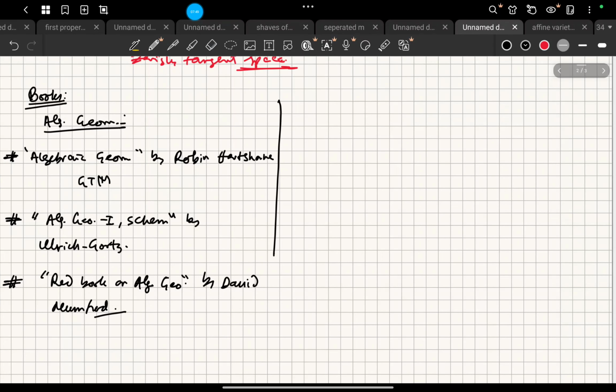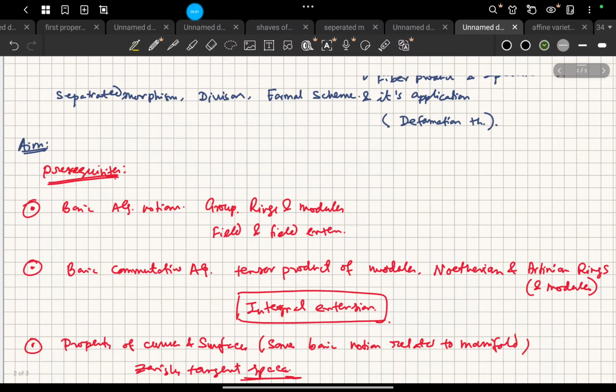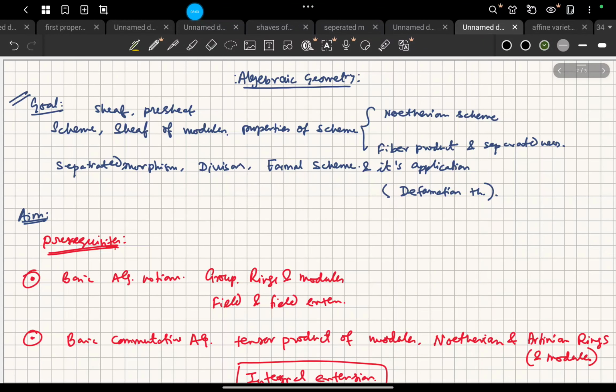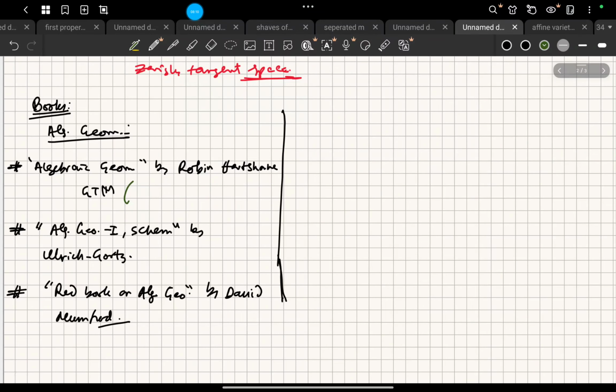So these are for studying algebraic geometry, but of course we'll cover the second chapter. If you see this book, whatever we have enlisted our goal of this lecture series, we'll mostly cover the chapter 2.